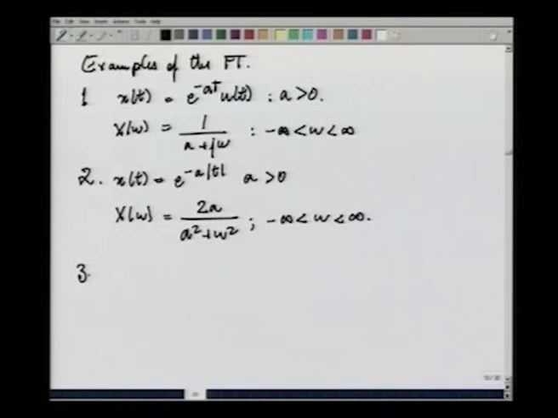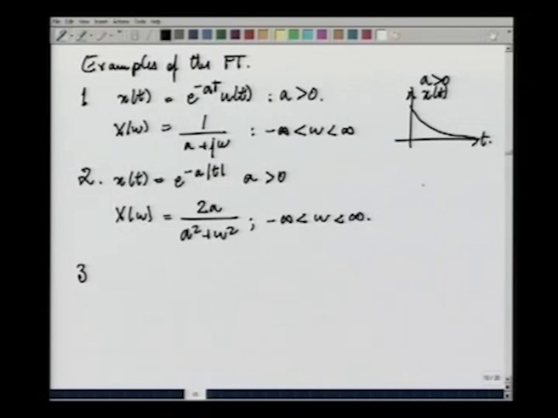Now, a third example. If we had plotted all these functions, for example x t in the first case for a greater than 0, it would be a function that exponentially decays against time.